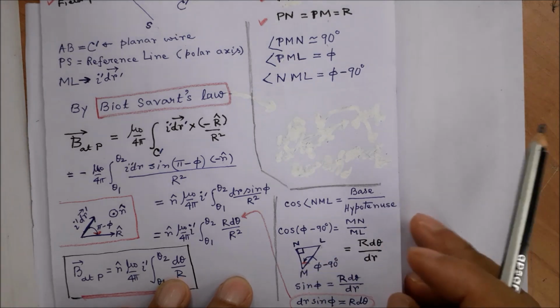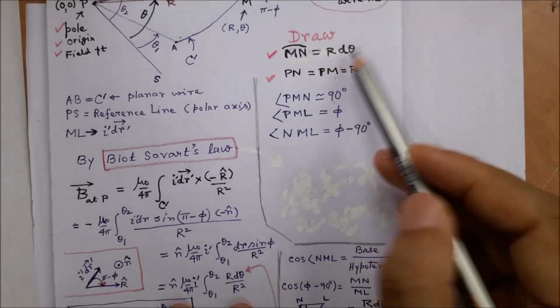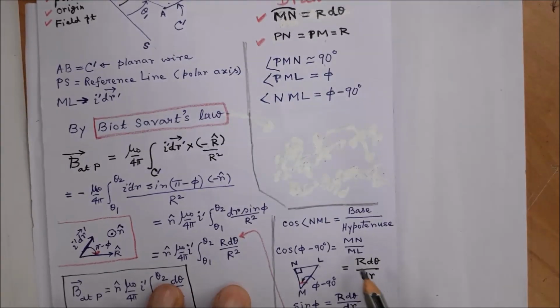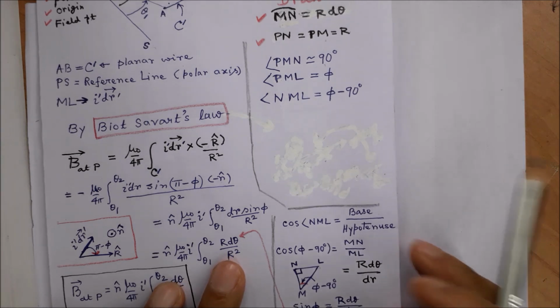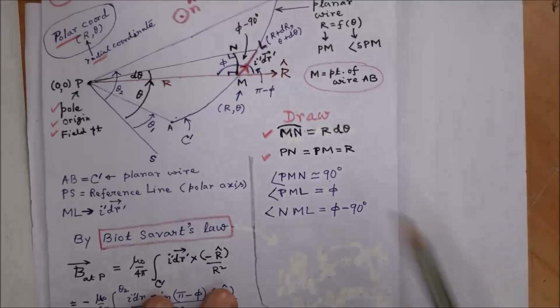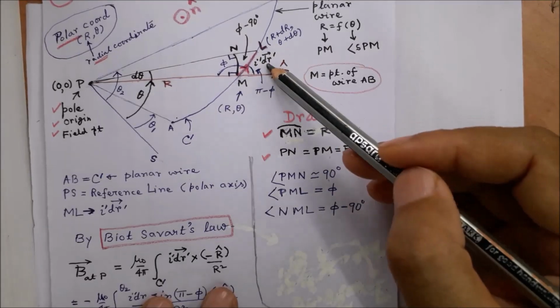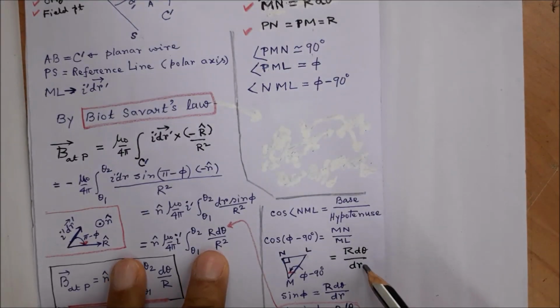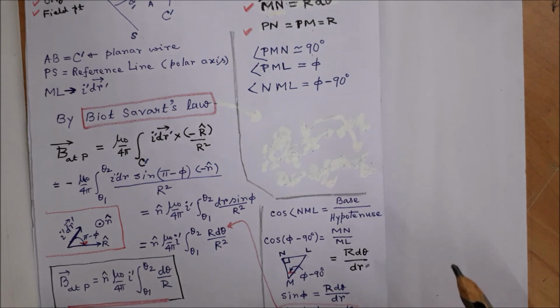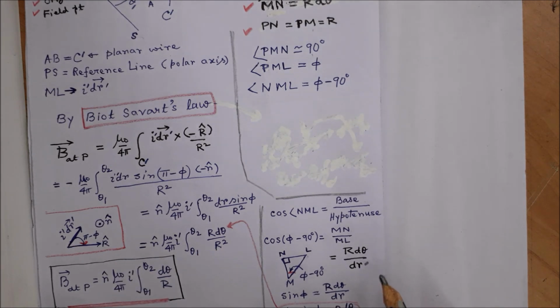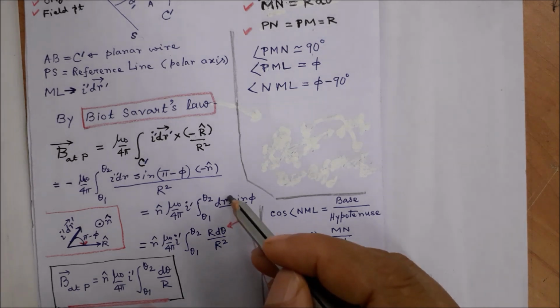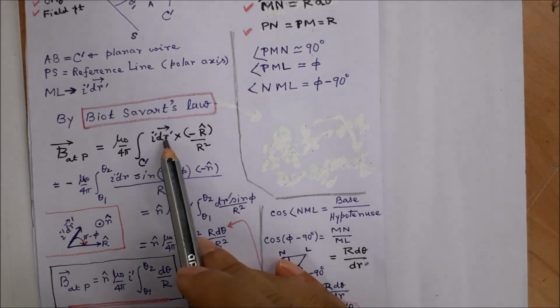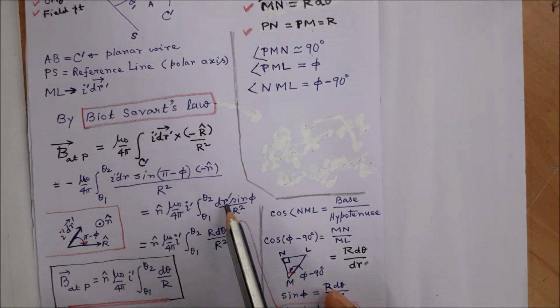Now MN we have written earlier, MN is R d theta, so instead of MN we can write R d theta. And what is ML? ML is simply dr prime, so we have written dr prime here.